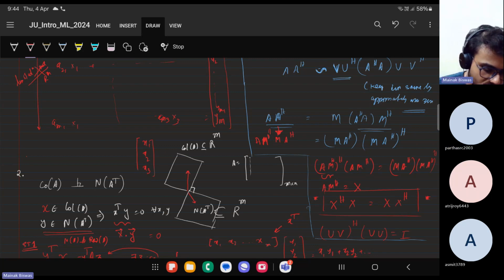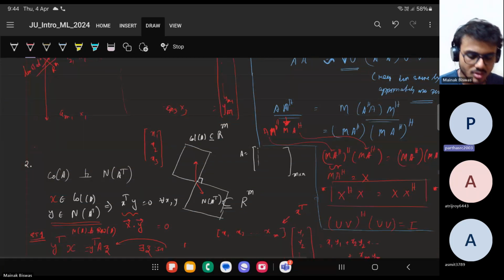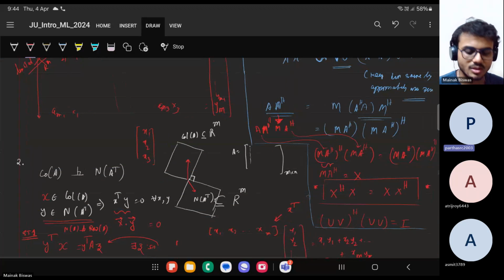So AM A Hermitian, right? So I have just written this wrong. AM A Hermitian. Right? So this will be this. MA Hermitian MA Hermitian. Then x Hermitian x is equal to x x Hermitian.